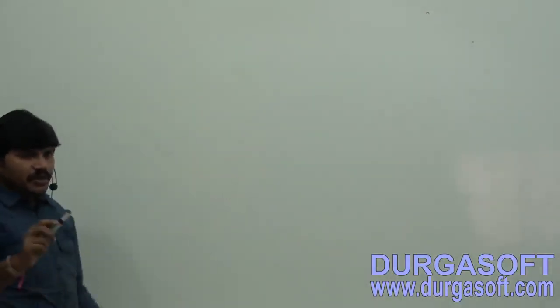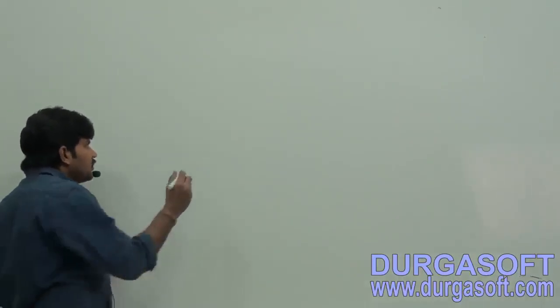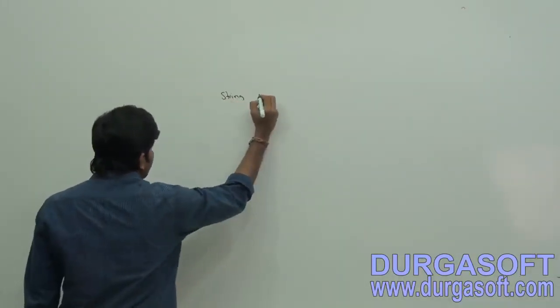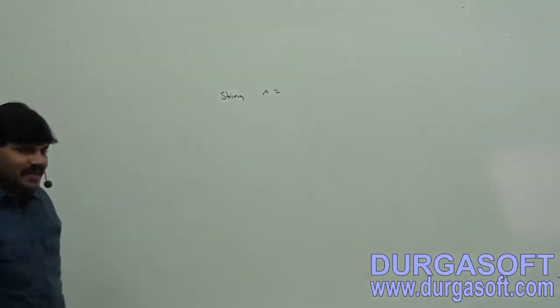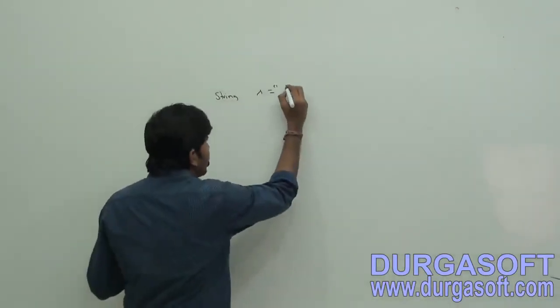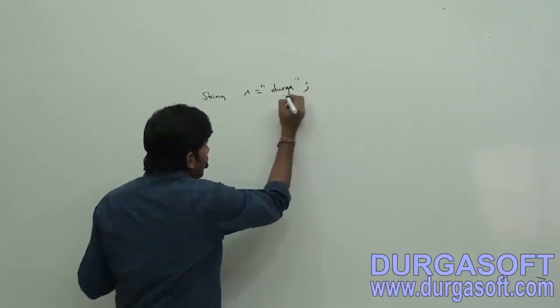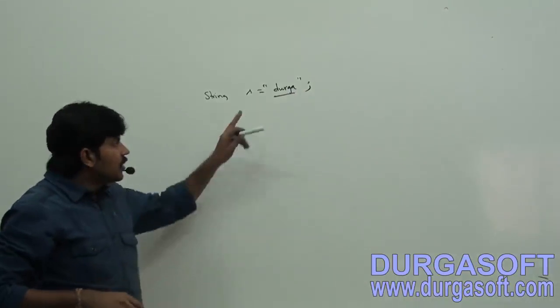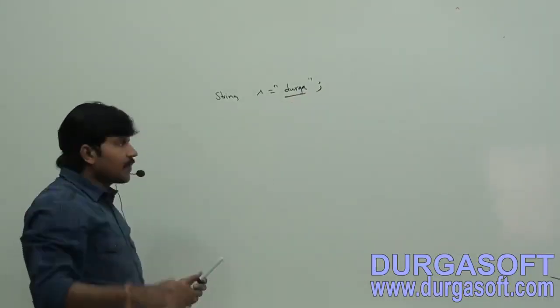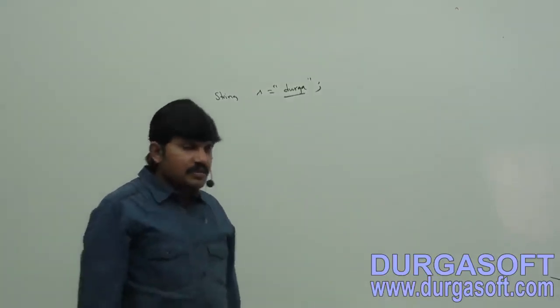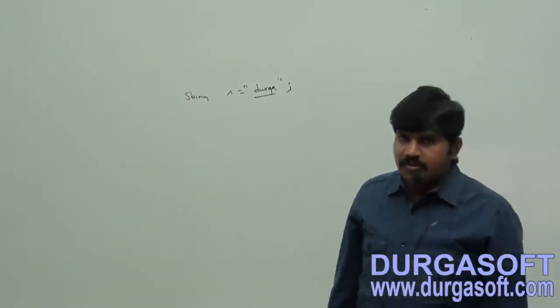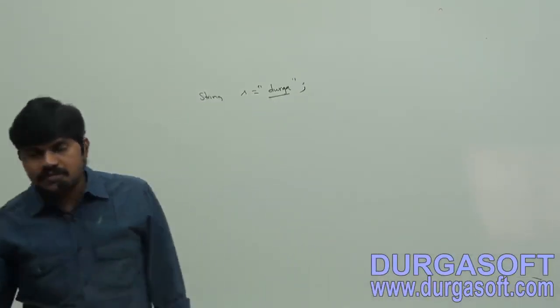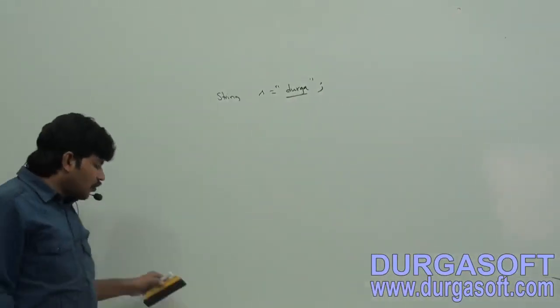Next example. Okay, next point. Here, see, the string literal. Not much explanation is required. Even though it's not a primitive type, there is only one string literal. Can you tell how to represent a string literal?